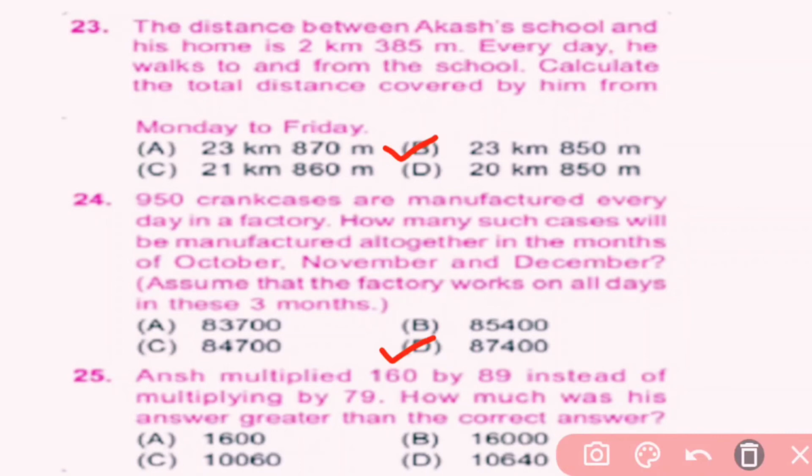Question number 25. Ansh multiplied 160 by 89 instead of multiplying by 79. How much was his answer greater than the correct answer? He multiplied 160 into 89 instead of 79.